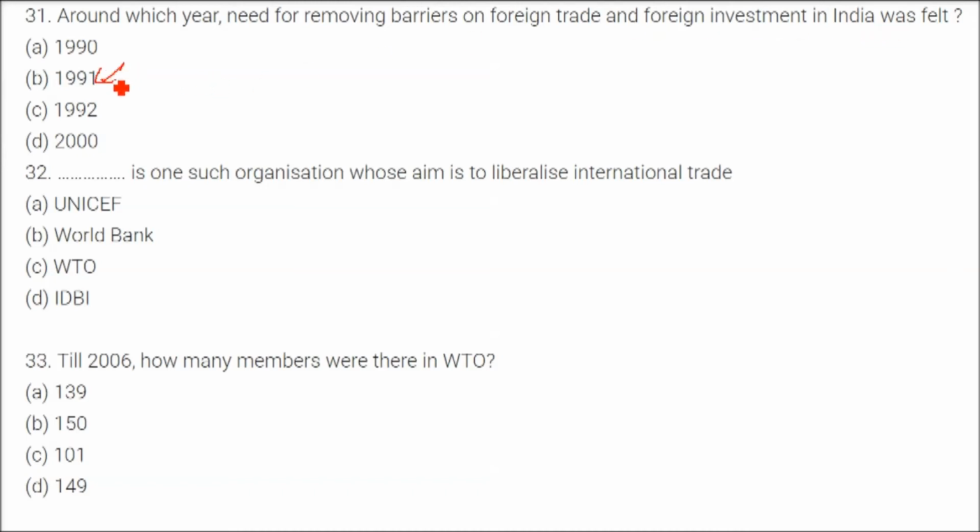It is 1991 when the liberalization took place. Dash is one such organization whose aim is to liberalize international trade, and it is WTO, World Trade Organization. Till 2006, how many members were there in WTO? The answer is 150.